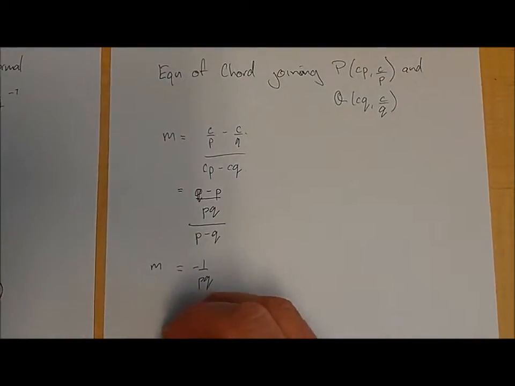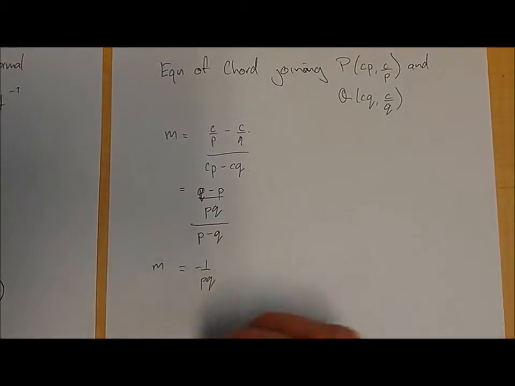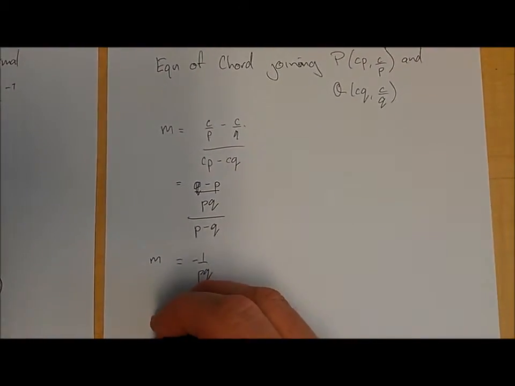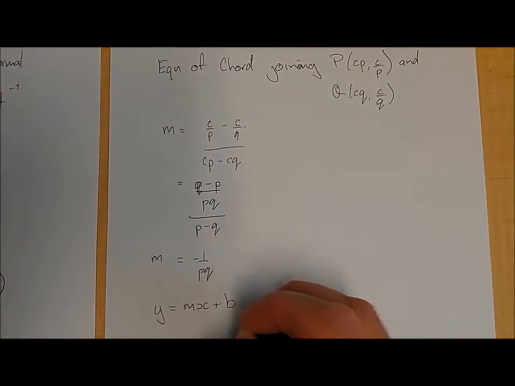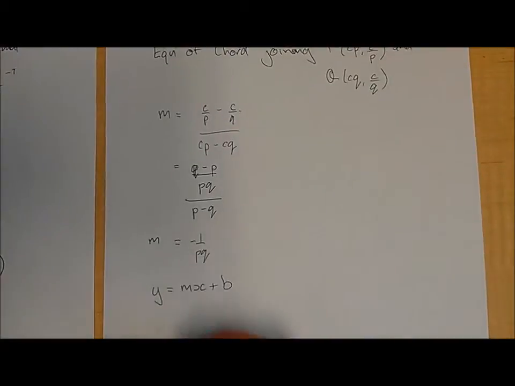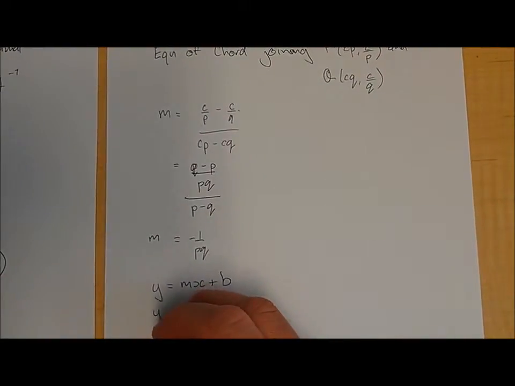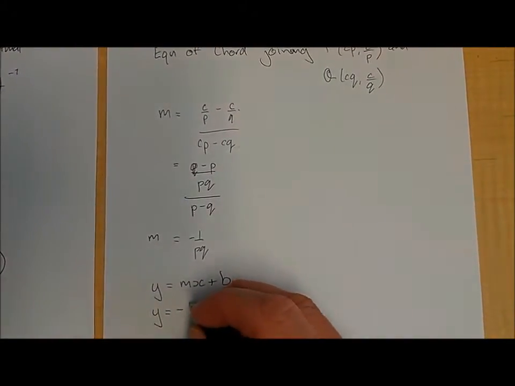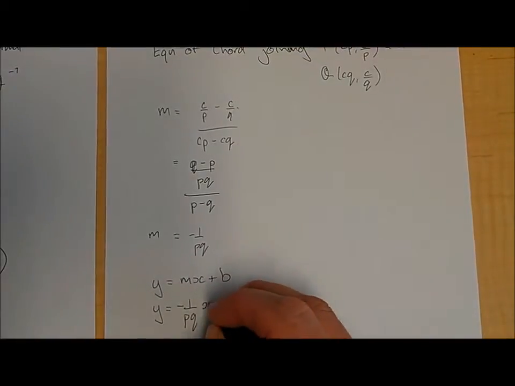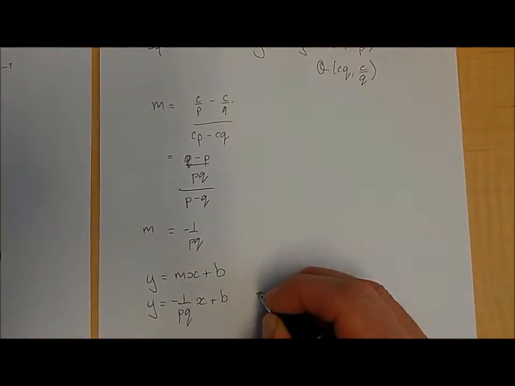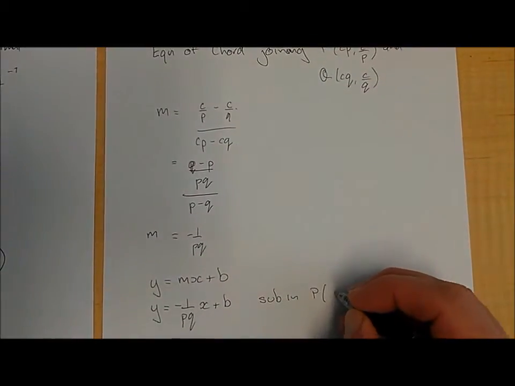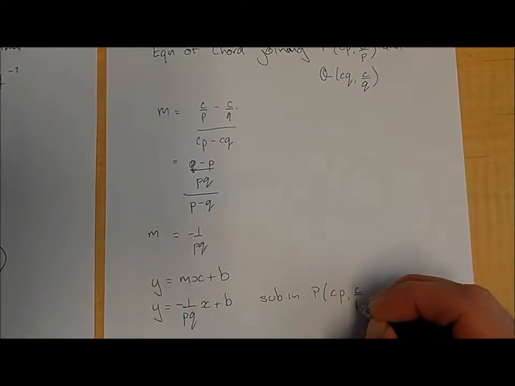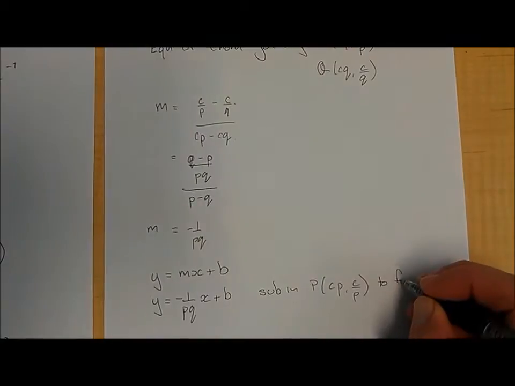To get the equation of the chord, rather than going y minus y1, I'm going to use the fact that the chord is a straight line, so it can be expressed as y equals mx plus b. I'm going to sub that gradient in there: y equals negative 1 on pq times x plus b. Then I'm going to sub in the point (cp, c on p) to find b.